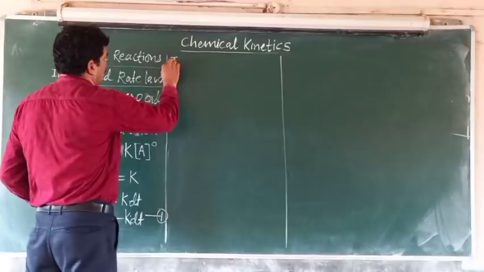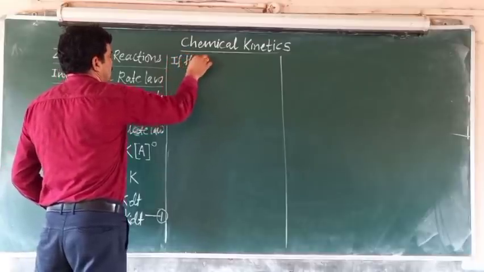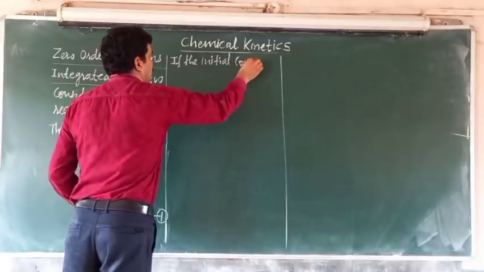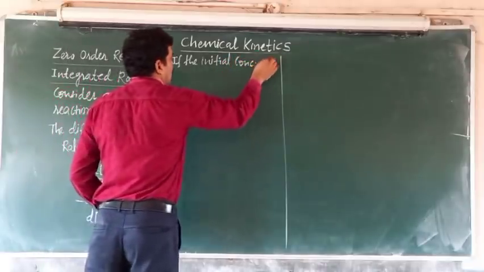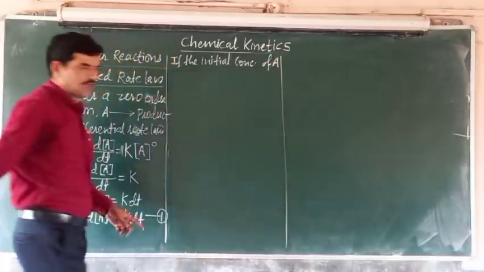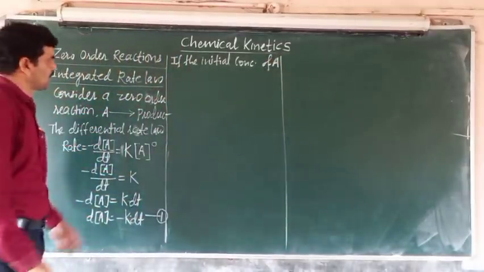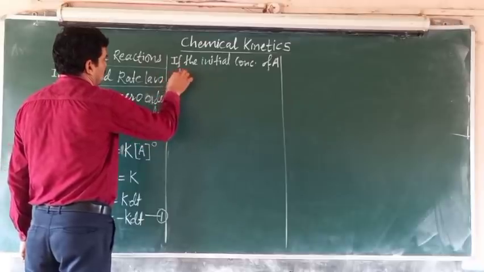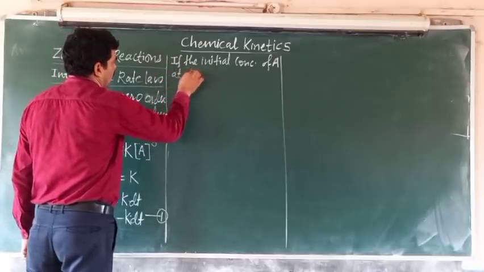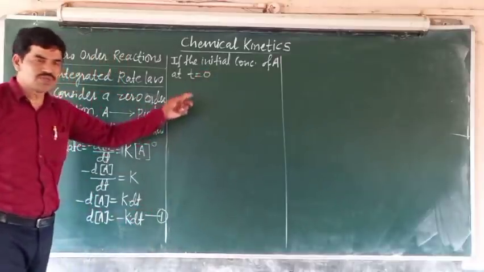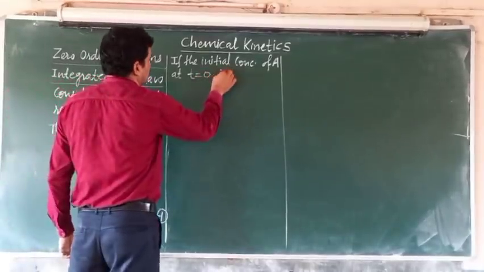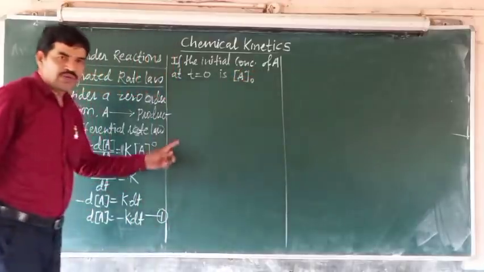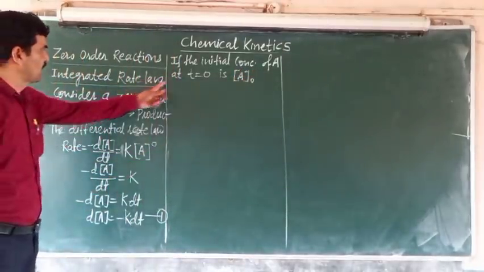Now the initial concentration of the reactant A at t equal to 0, that is when time is equal to 0, is A0. A0 is the concentration of the reactant at t equal to 0.